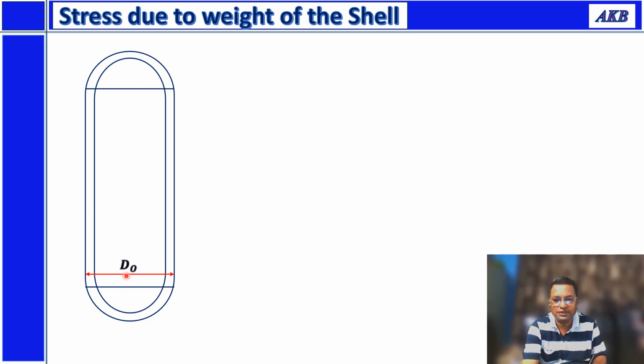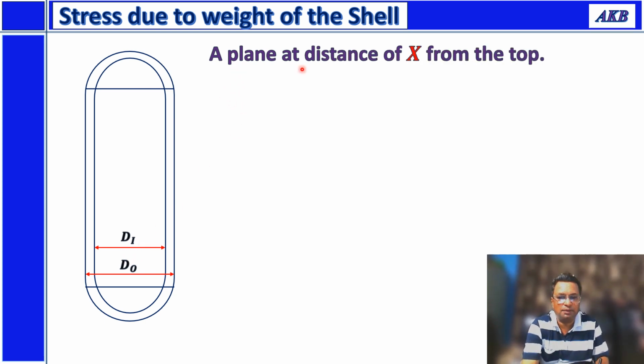Let DO represent the outer diameter of the shell, and DI represent the inner diameter of the shell. And then we are going to consider a plane at a distance of x from the top of the column, from the top of the shell. So we are not considering the head in our discussion. We are considering from the top of the shell.